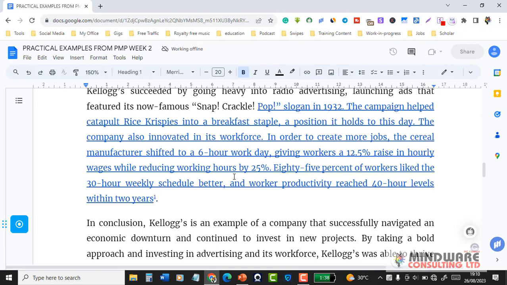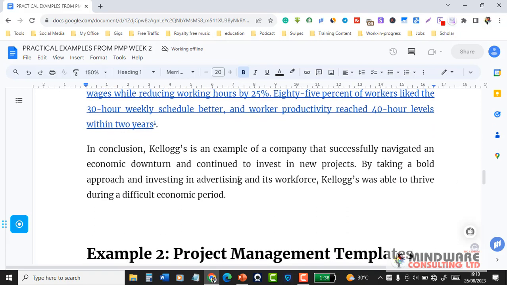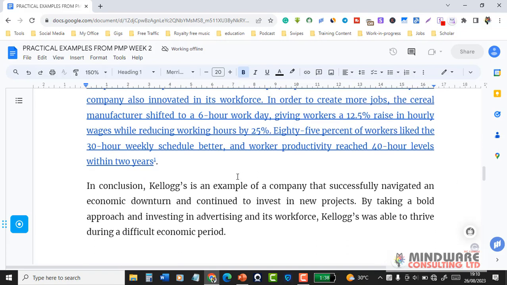This shows a different and more strategic approach than what governments all around the world did during the 2008 financial crisis. Kellogg's successfully navigated an economic downturn and continued to invest in new projects.